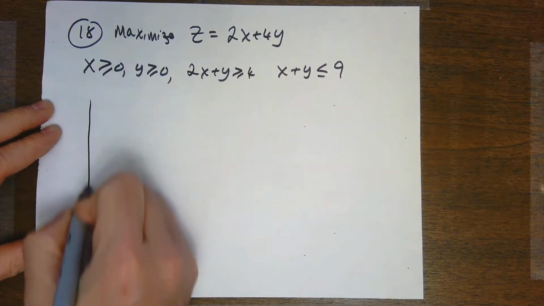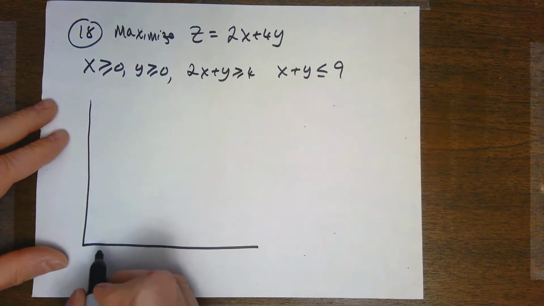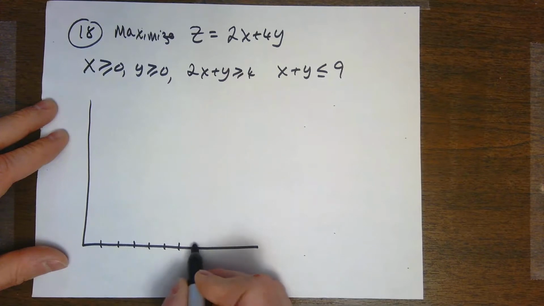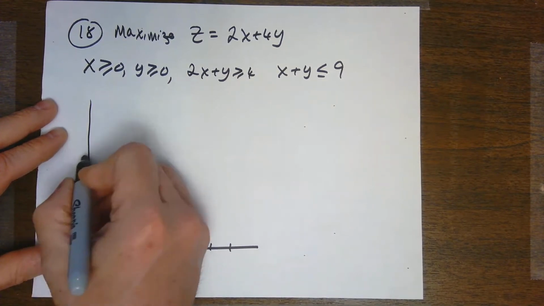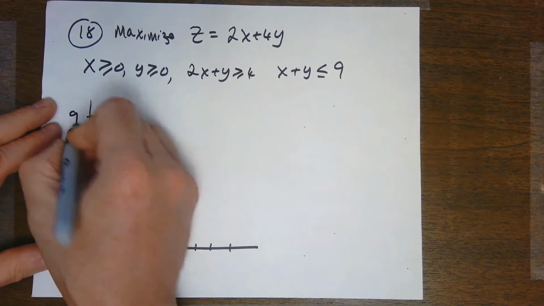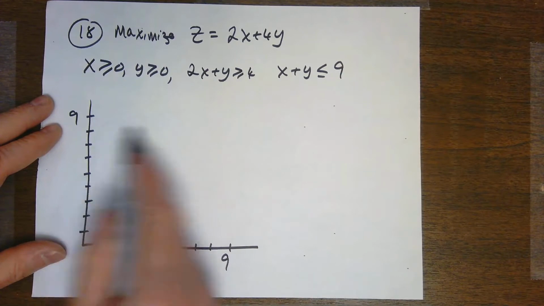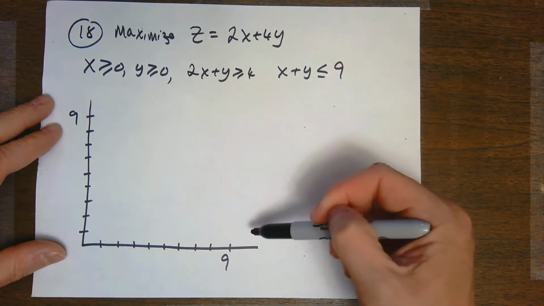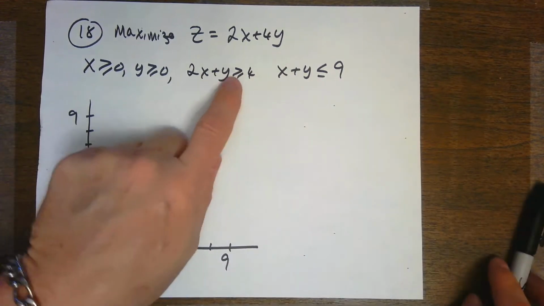So first quadrant only graph here. Looks like I'm going as high as 9. So 1, 2, 3, 4, 5, 6, 7, 8, 9. X greater than or equal to 0 means all going this way. Y is greater than or equal to 0 means all of this. 2x plus y is greater than or equal to 4.